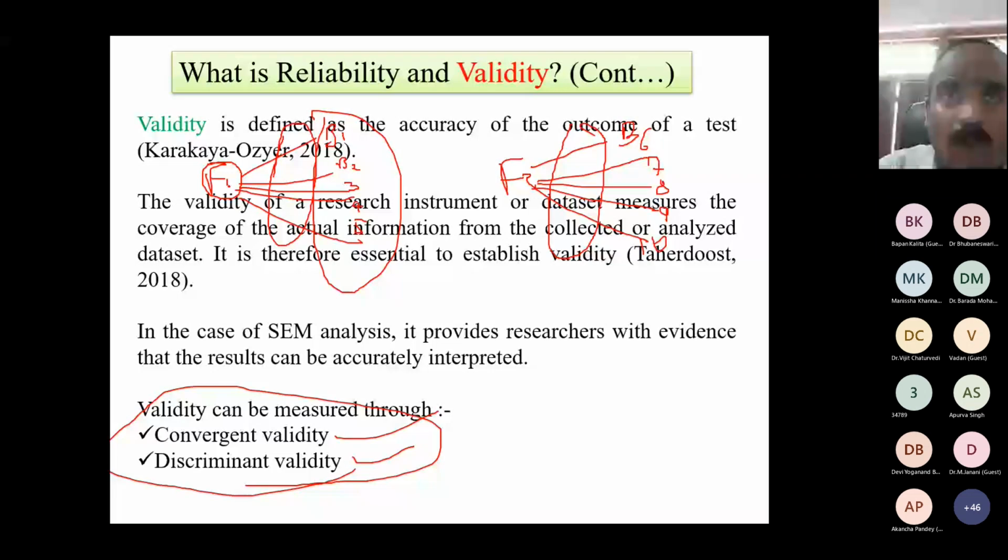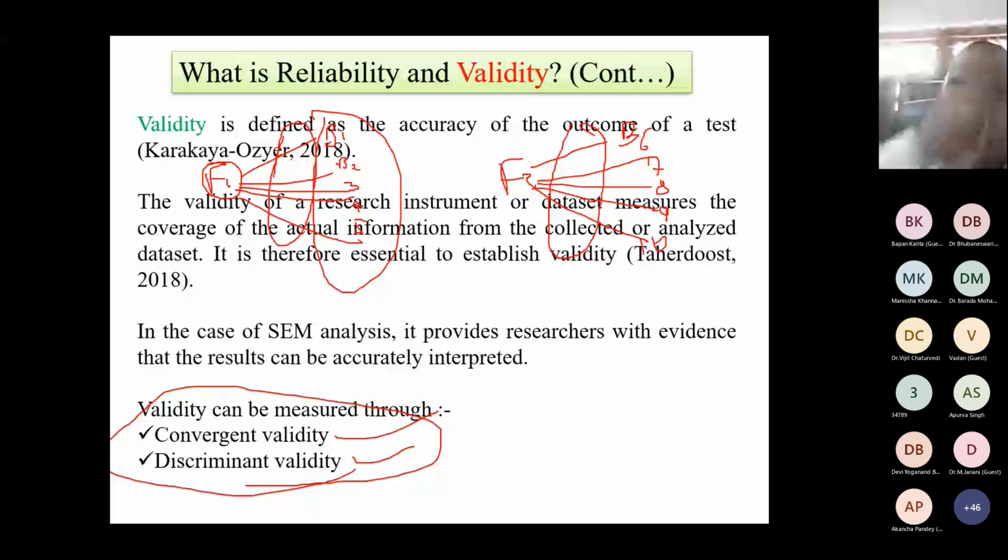There is a strong relationship among BSI 1 to BSI 5 in our example. What is the indication of a strong relationship? I will show you in the Amos operation. Do not worry. Just know BSI 1 to BSI 5 are converging into F1, not to F2, not to anything else.